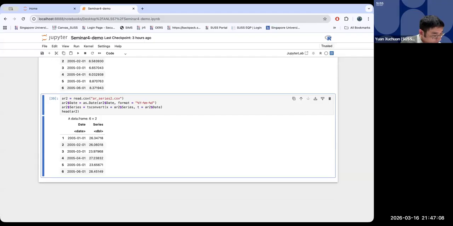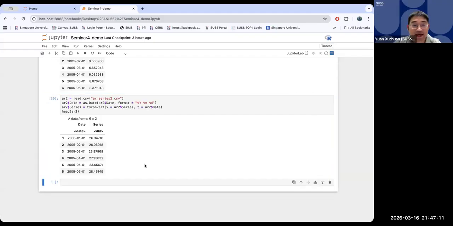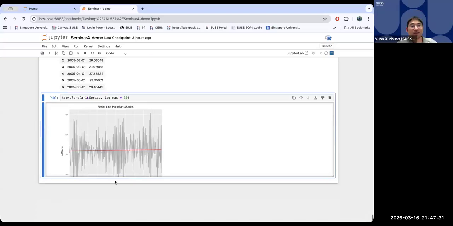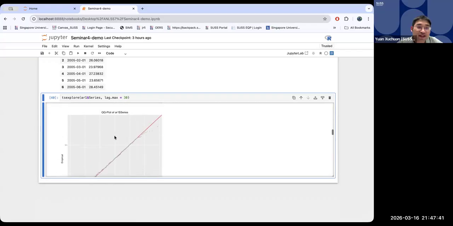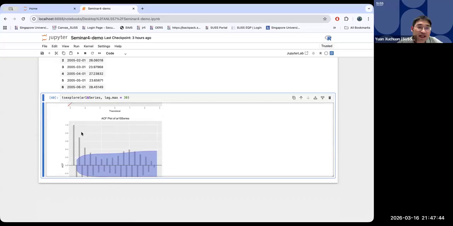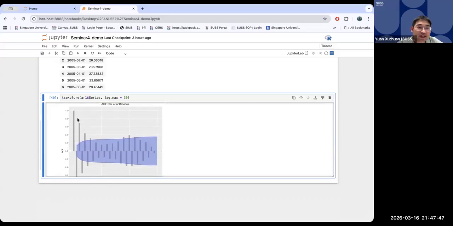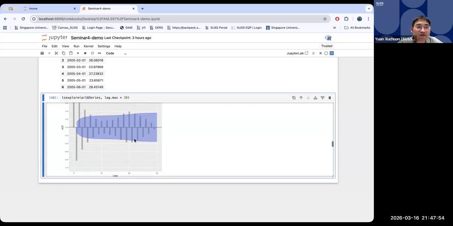Let's look at the ACF and PACF, let's say 30 lags. Here you will look at the line plot of this time series and its distribution. Looking at the ACF, you can see the ACF decreases, you can say exponentially, but there is no clear cutoff.